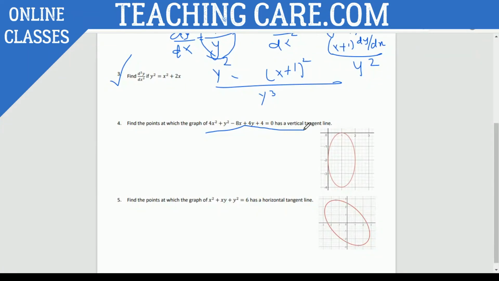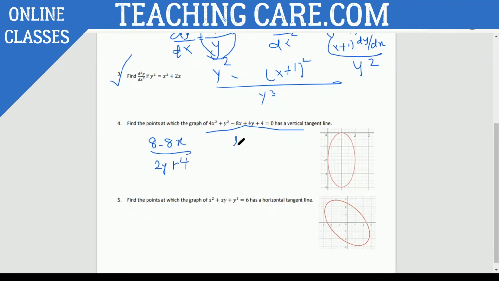I got negative 4x plus 4 divided by y plus 2. Yes, right. So now find the values of y and substitute it and find the values of x. What are the coordinates you are getting? But how would you find the coordinates? We just plug in random numbers? The vertical tangent line, right? It's 8 minus 8x over 2y plus 4. That's the dy/dx.